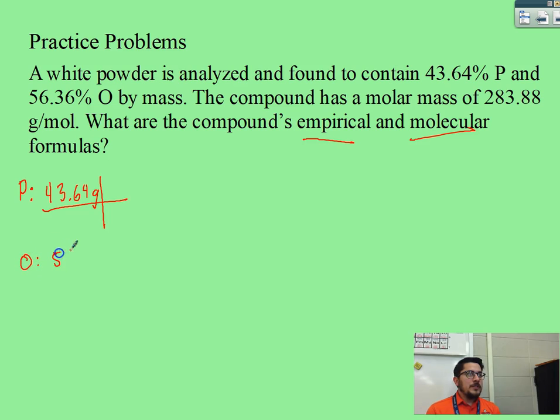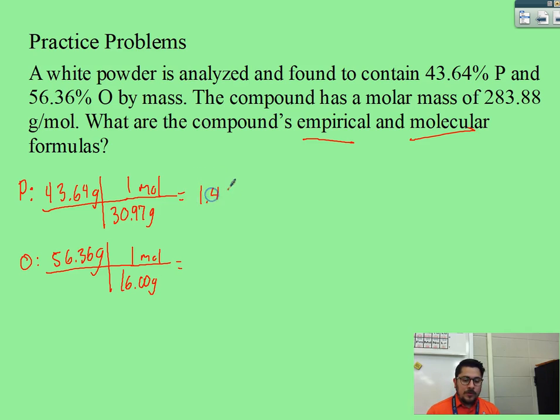Oxygen is going to be 56.36 grams. And so this one would be 30.97 grams. I'm going to change it to moles. This one would be 16 grams. I'm going to change it to moles.